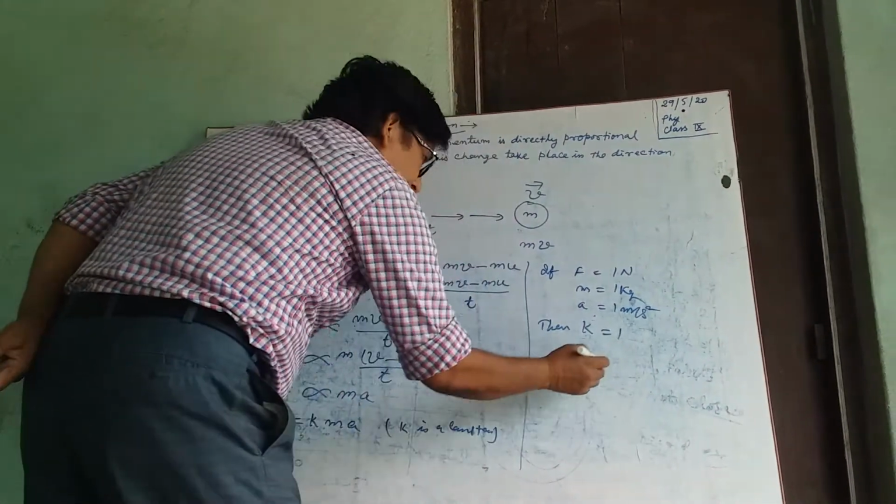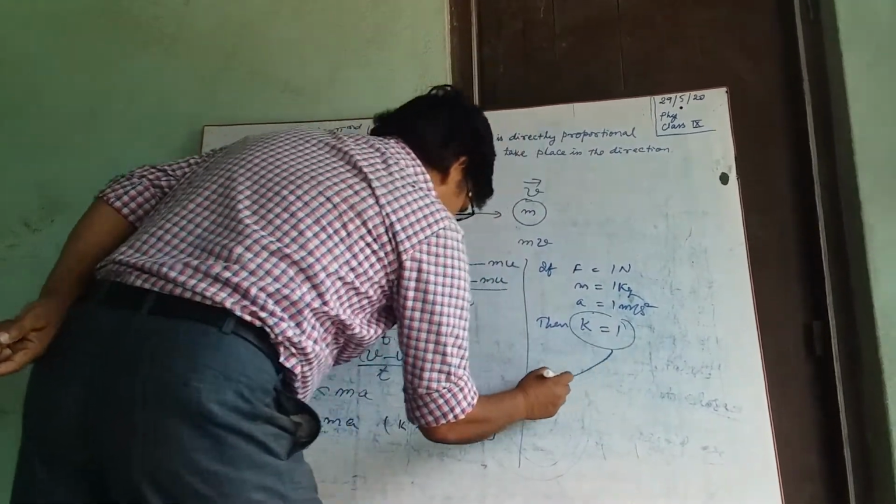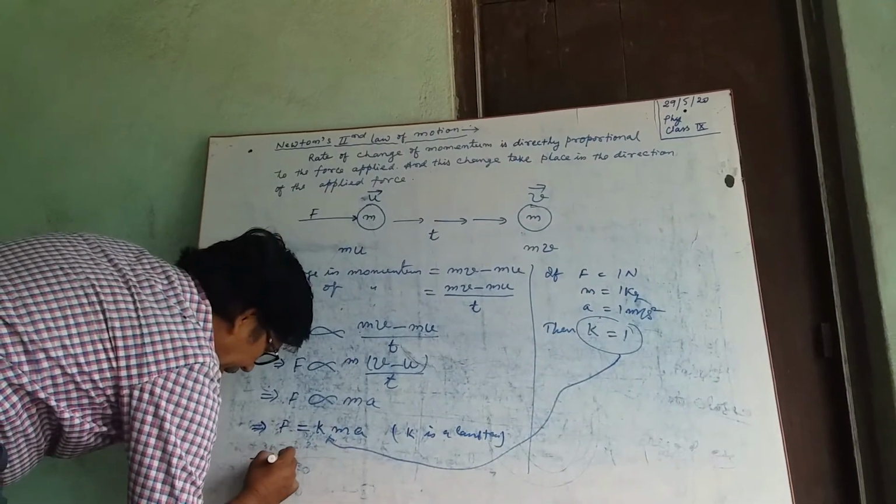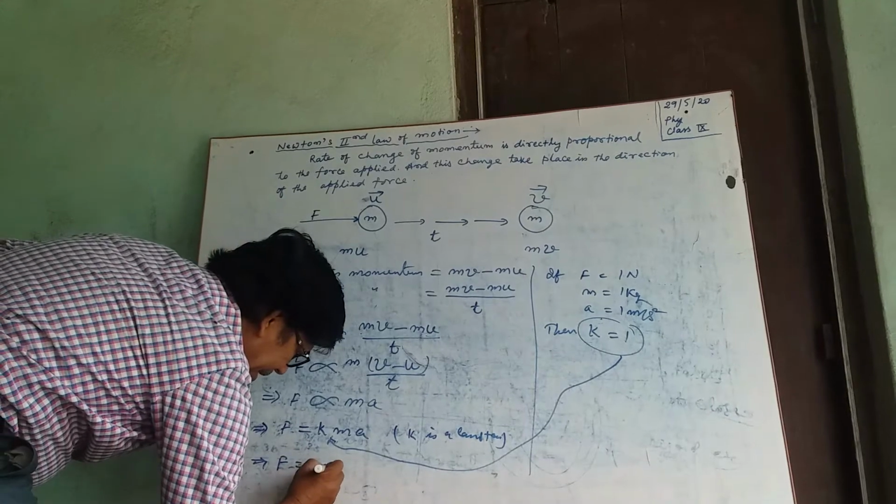Putting this value 1 in place, we get F is equal to ma.